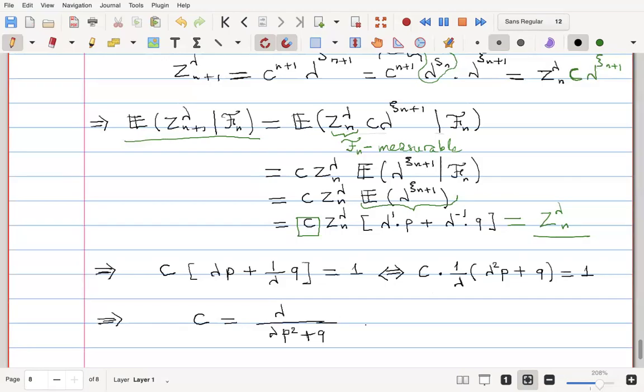So this is the expression of C. At this stage, we are done.